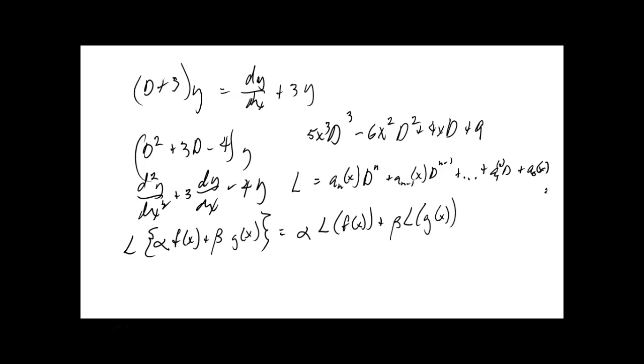But with a constant multiplied by a function, L operating on that, you can pull the constant outside. That combination of the two, distributing over a sum and pulling out the constants, makes it a linear operator. If you ever do linear algebra, you'll see that out of your ears.